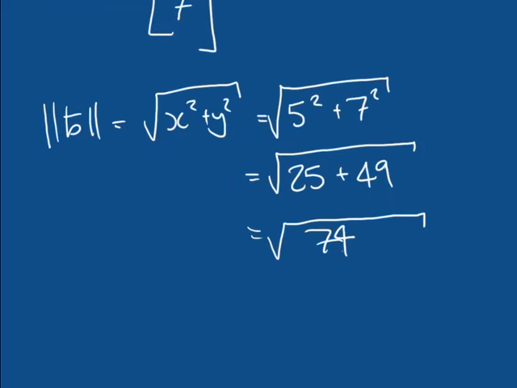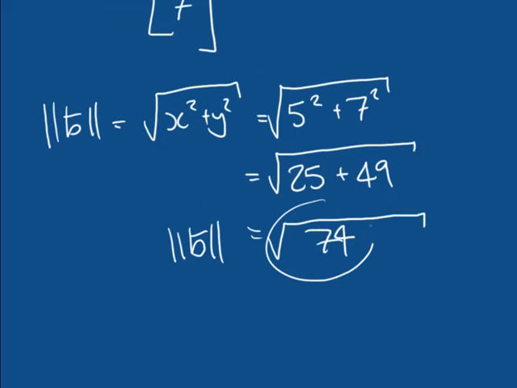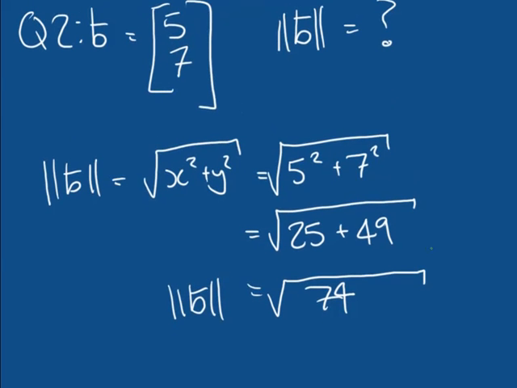So it's equal to the square root of 74. Fantastic. So I'm not going to simplify that down. I'm not going to use a calculator to get this answer. I'm simply going to leave it here in square root form. But that is the answer for the length of our vector with an x component of 5 and a y component of 7.